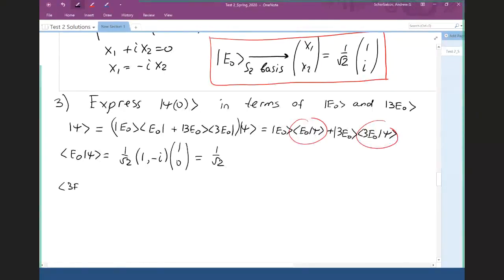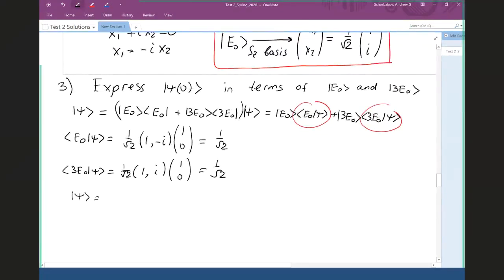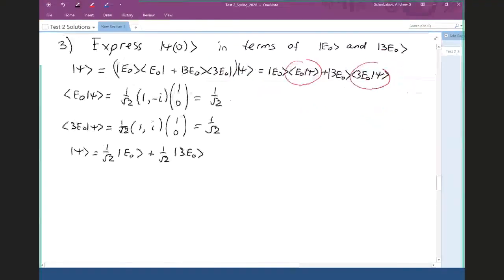Okay, bra 3 E naught psi is 1 over root 2, 1, i, times 1, 0. And that is still 1 over root 2. Here you go. Now plug it into psi. We get psi equals 1 over root 2 E naught plus 1 over root 2 3 E naught.